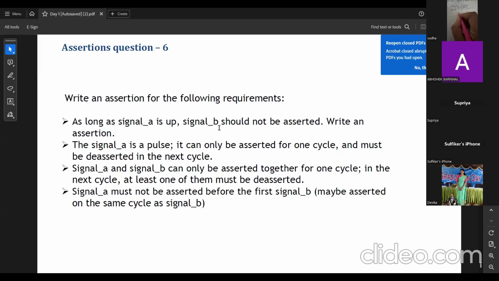Is it A is not equal to negation of B? Whatever comes to your mind.